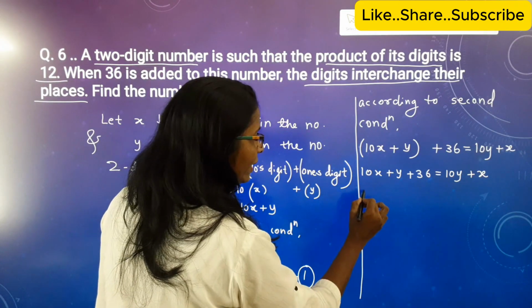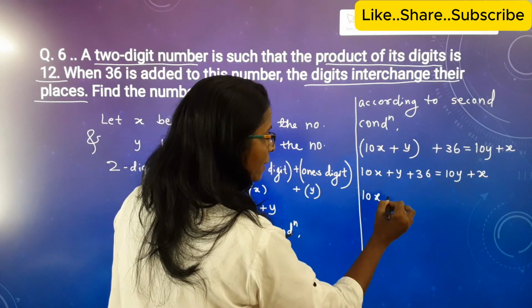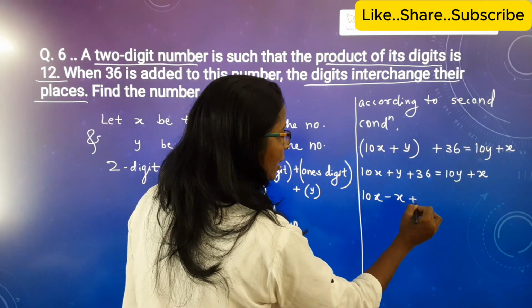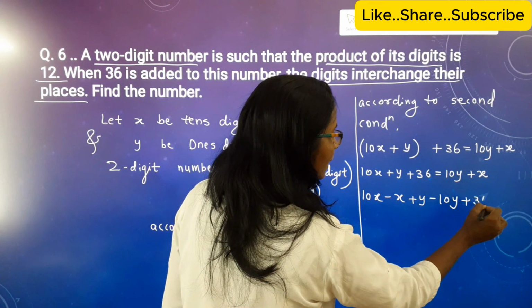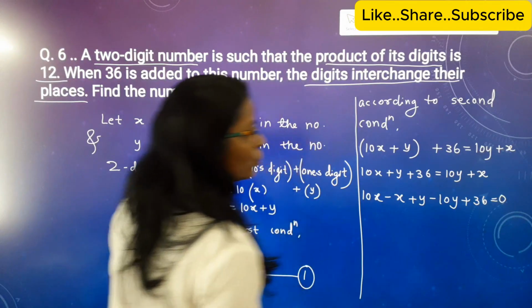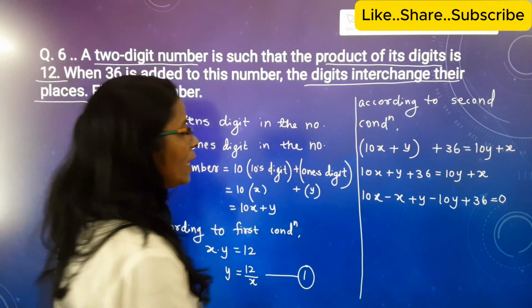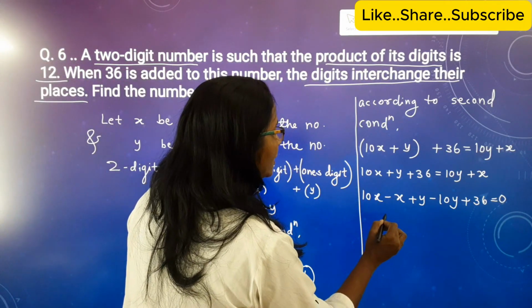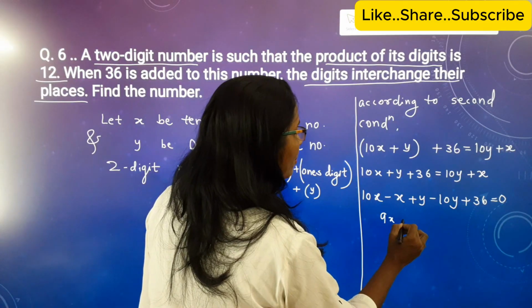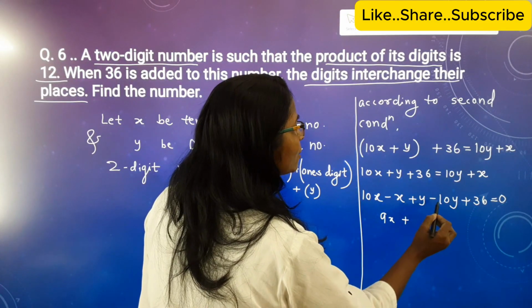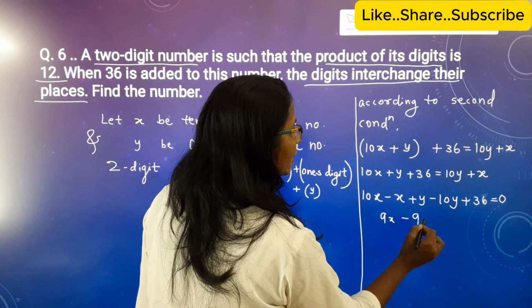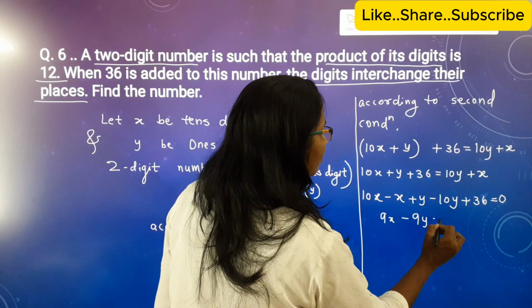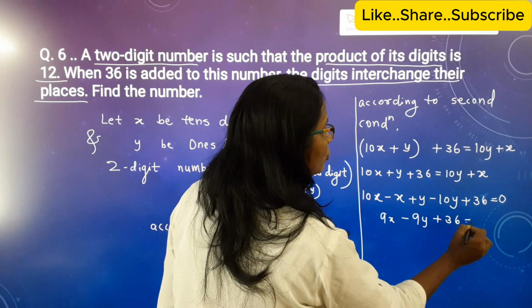Okay, so simplify this: 10x minus x, then plus y minus 10y, plus 36 is equal to 0. So now 10x minus x is 9x, and y minus 10y means minus 9y, and plus 36 is equal to 0.